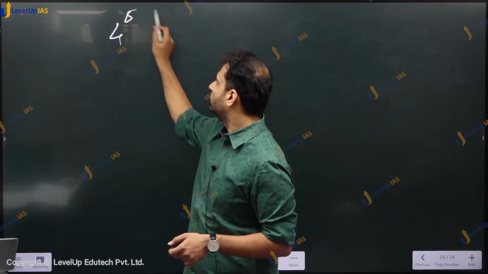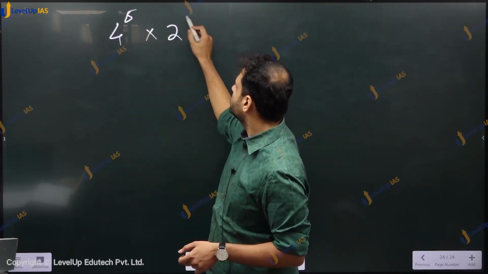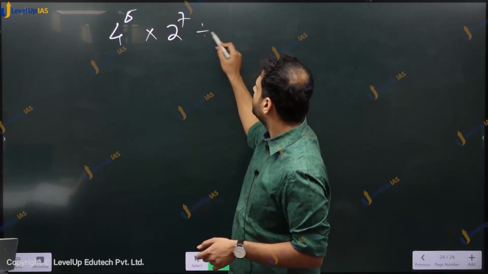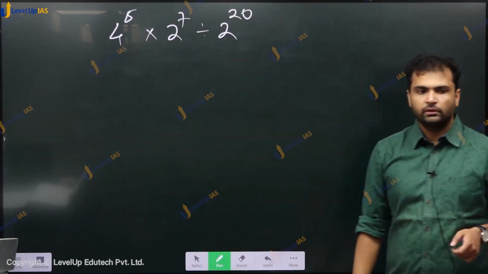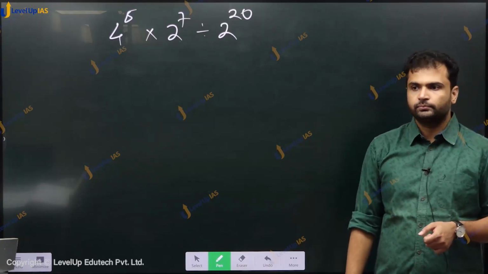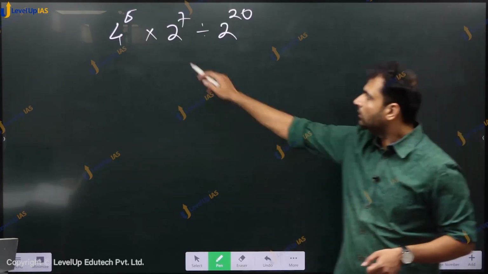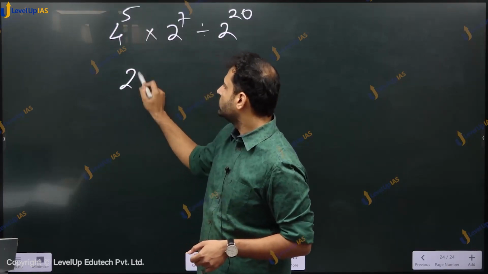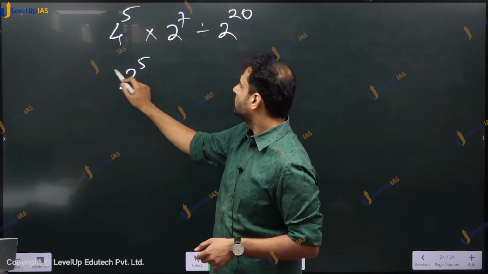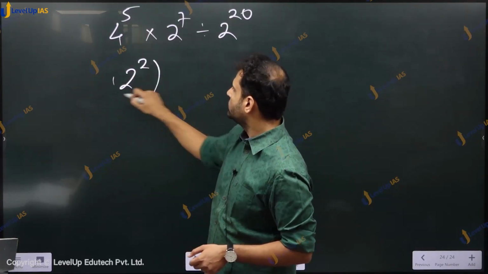Four raised to 5 into 2 raised to 7 divided by 2 raised to 20. 4 is 2 square, so 4 raised to 5 is 2 raised to 2 raised to 5.